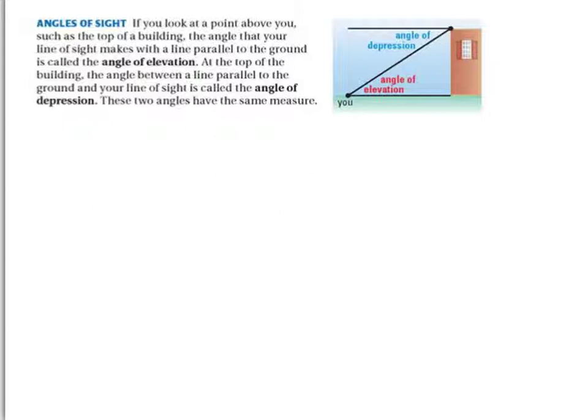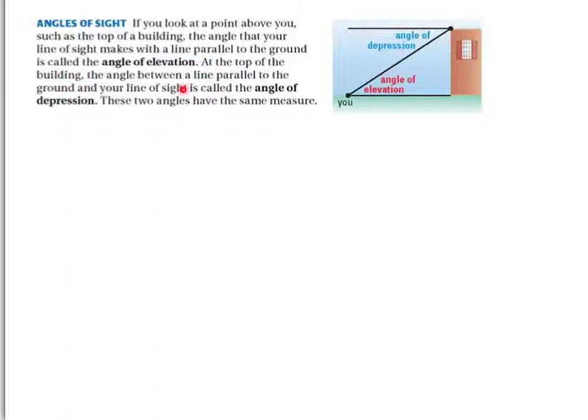All right. This is more of a definition. Okay, so look at this, because this is going to help us for word problems. Angles of sight. If you look at a point above you, such as the top of a building, the angle that your line of sight makes with a line parallel to the ground is called the angle of elevation. So this is you standing on the ground looking up. It's called the angle of elevation.